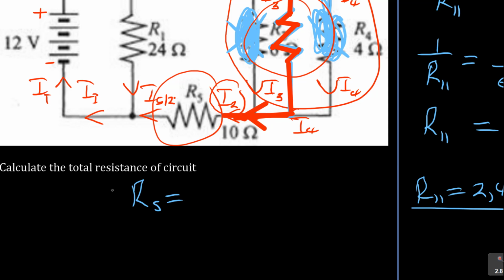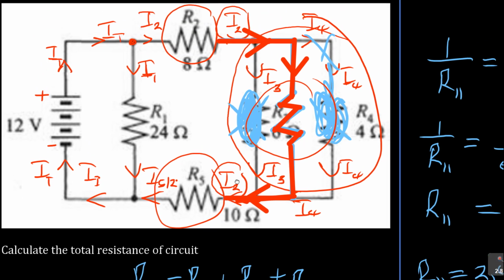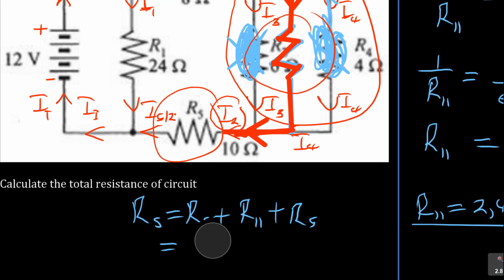RS is equal to the R2 here plus that R parallel that we got plus the R5. See that? Which is equal to what?